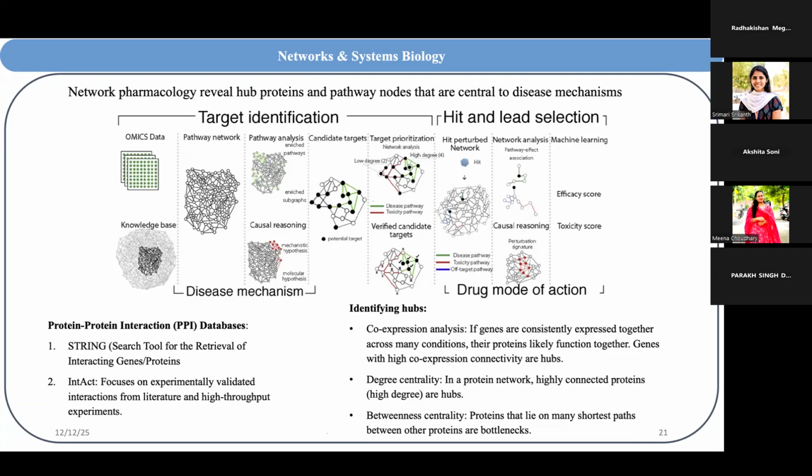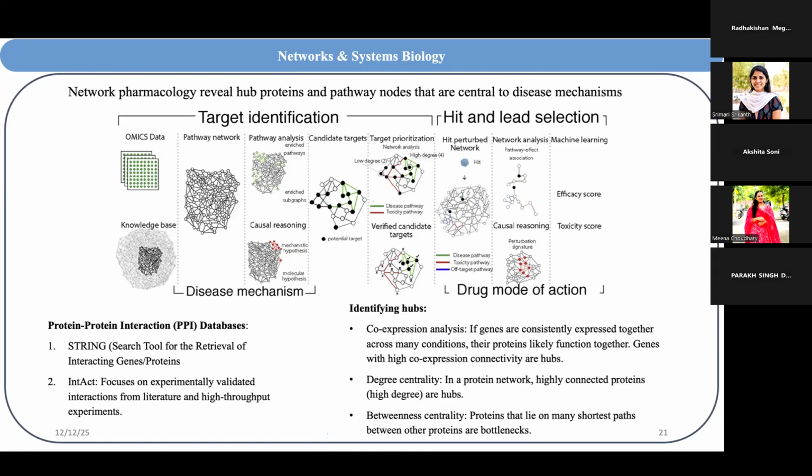So how can we identify the hubs? There is also a set of analyses for this: co-expression analysis, degree centrality, and betweenness centrality. In co-expression, what we can infer is that if genes are consistently expressed together across many conditions, their end-product proteins function together.